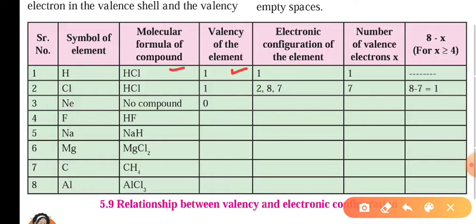Electronic configuration of the element, hydrogen we have to write, that is 1. Number of valence electrons, that is 1. So here what we are going to have, 8 minus 1, which will give us 7.